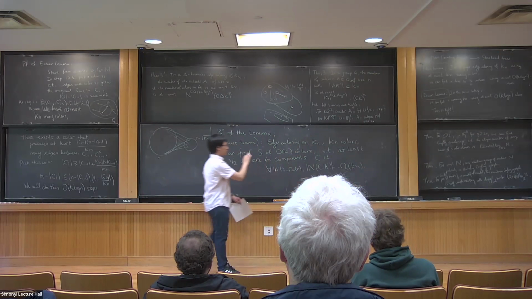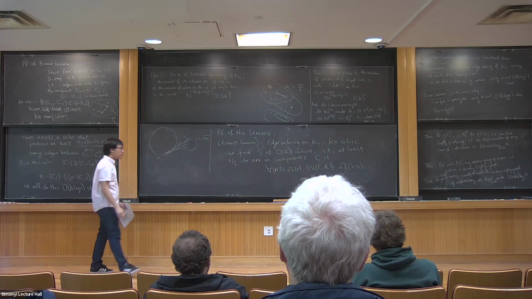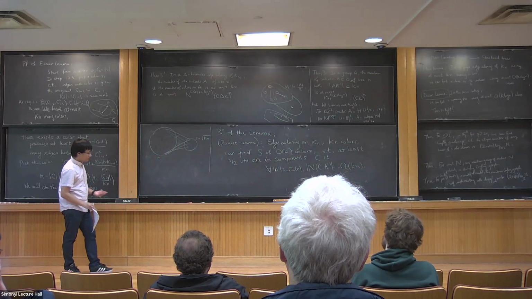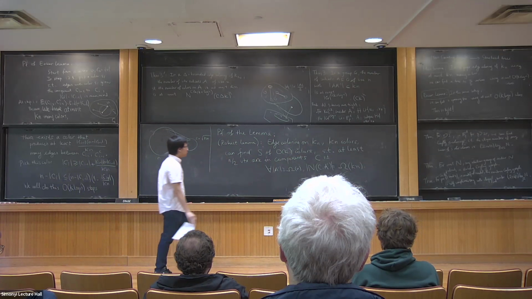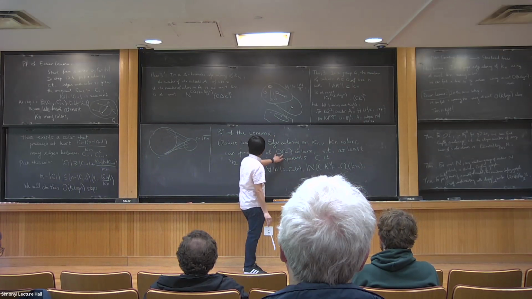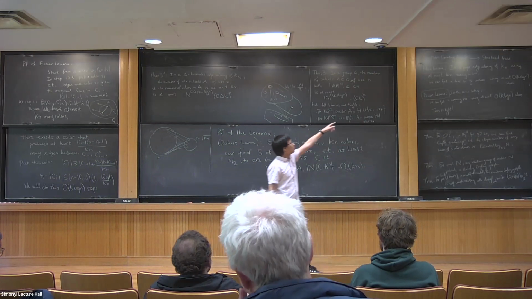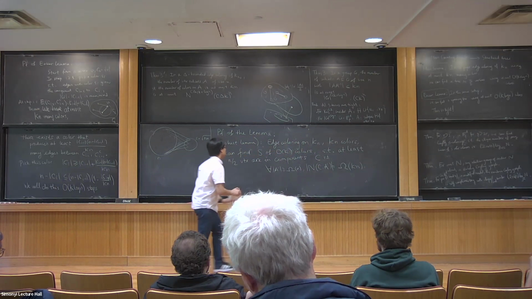Okay, so this is just rewriting the main combinatorial lemma that I stated in yesterday's talk. Let's see that this lemma would quickly imply the main lemma that we have over there.